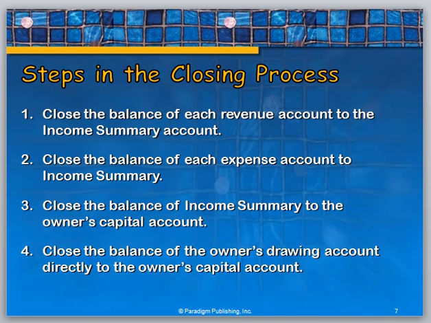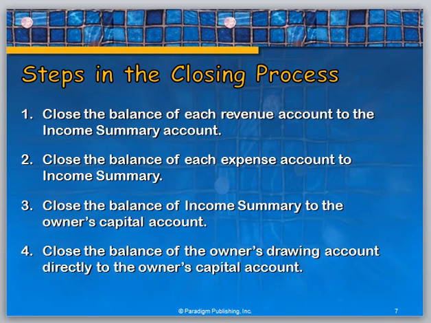The next step is we're going to close the expense accounts to the income summary account. Each expense account is credited for its balance, and then a compound debit is made to the income summary account. And that will be so that it now shows total revenue on its credit side and total expenses on its debit side.